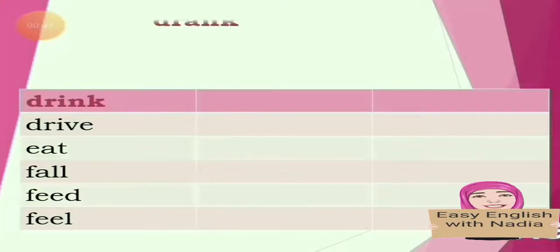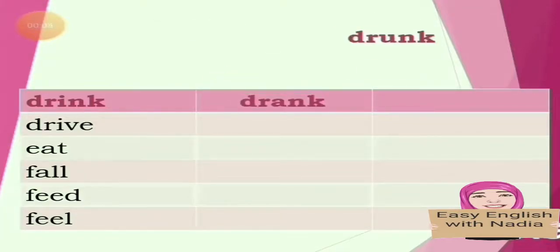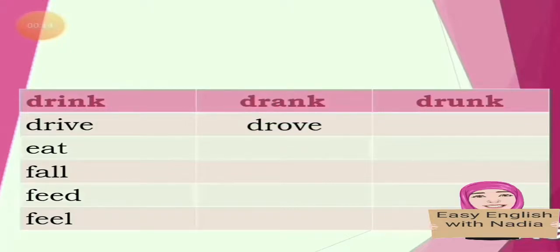Drink, drank, drunk. Drive, drove, driven. Eat, ate, eaten.